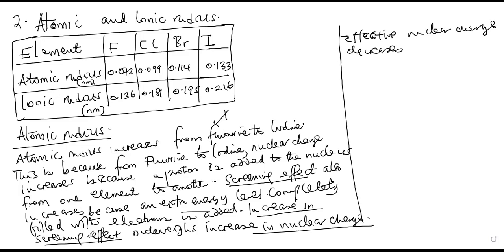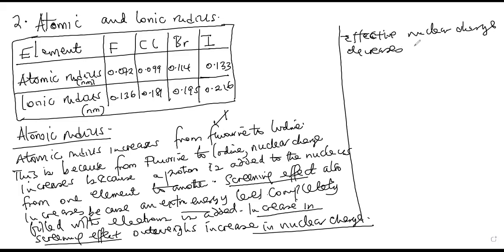Even by merely saying that shielding effect outweighs, it means that electrons are more repelled than being attracted. So the attraction of the electrons to the nucleus decreases. So effective nuclear charge decreases, all right?